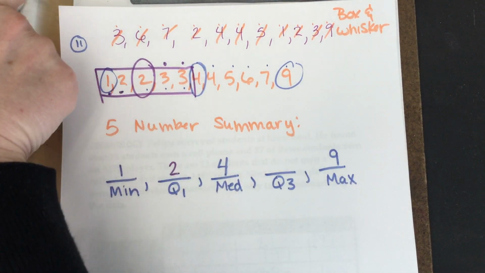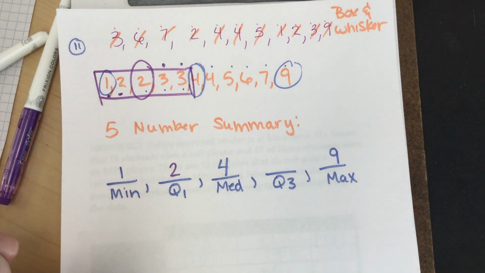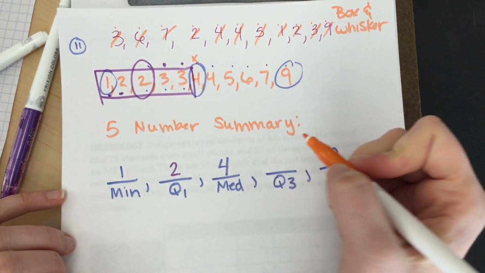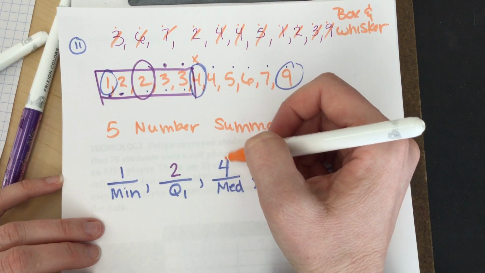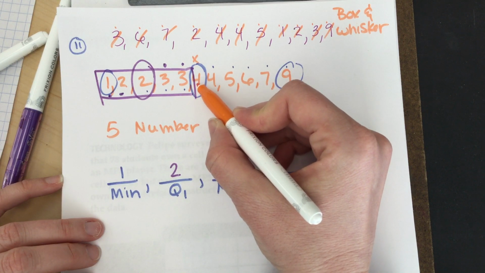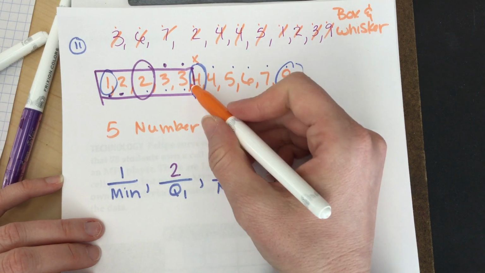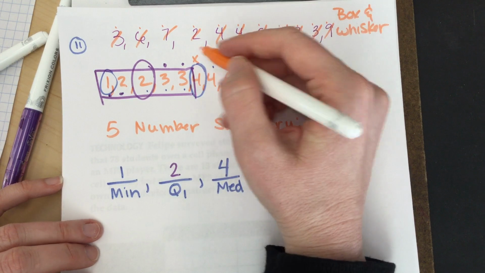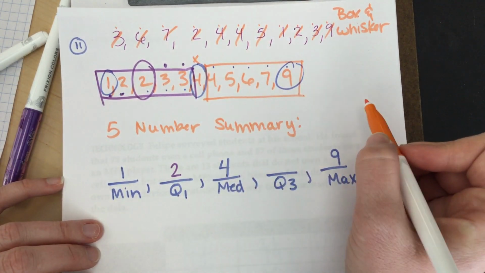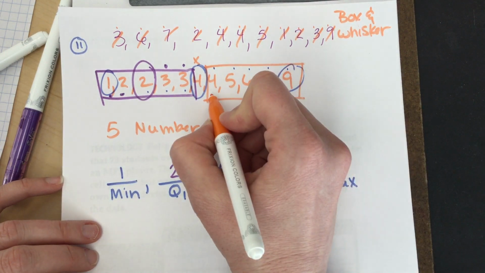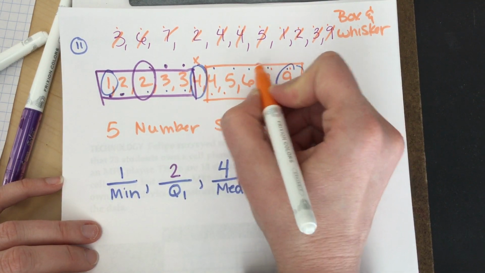All right, next up, we're going to look at the second half of the data. 4 does not go into either half. Okay, 4 is your median. The only time the number will go in here is if it wasn't exactly in the center. So looking at the second half of these numbers, we've got 5 data points there. So 2 on the left, 2 on the right.